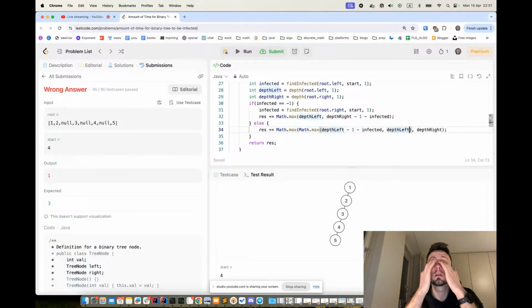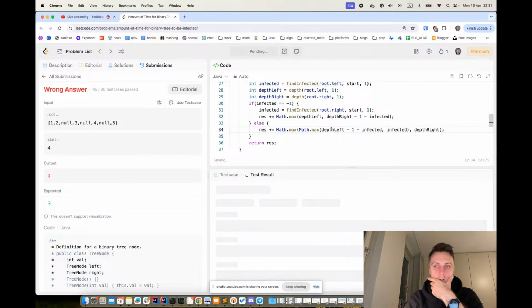So we should take depth left minus infected, 1, 2, 3, 4. Yeah, just maybe infected, check.